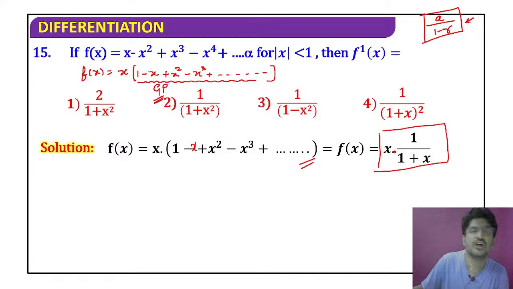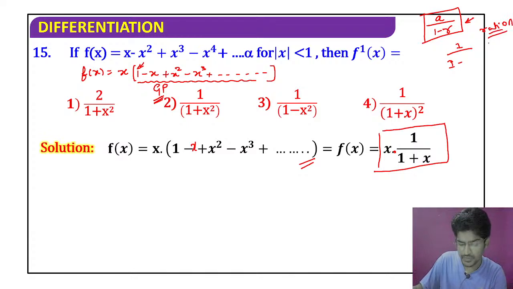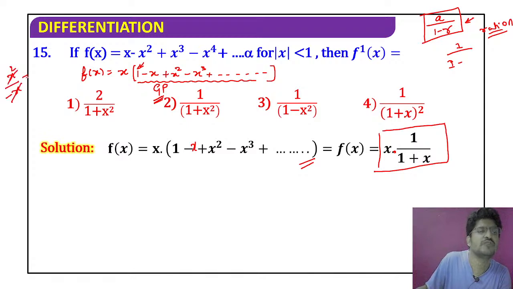A divided by 1 minus r, where a is the first term. Here you can see the first term is 1. And r is the ratio. If r is the ratio, you see x square divided by minus x; if I simplify, you are going to have minus x as the ratio.